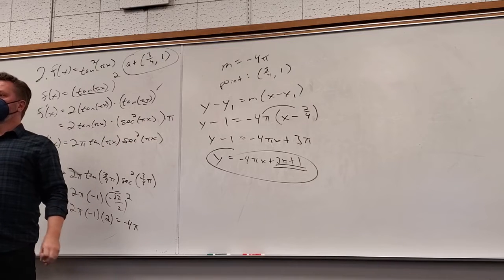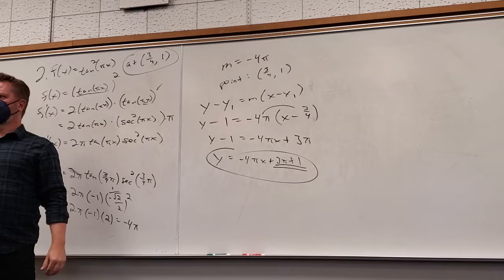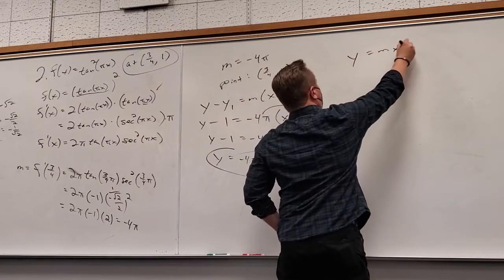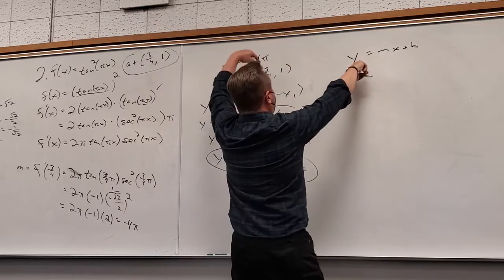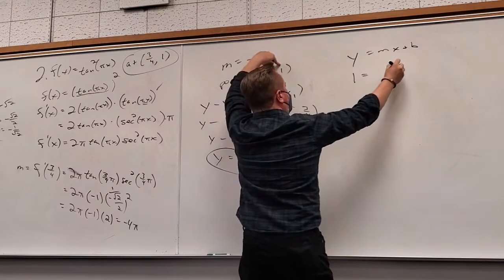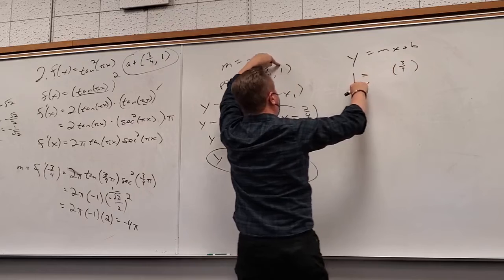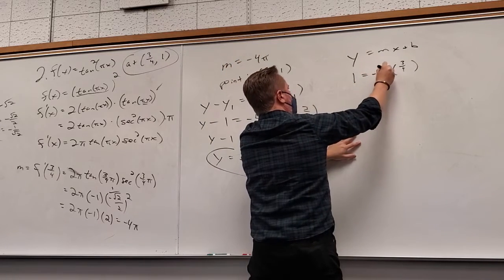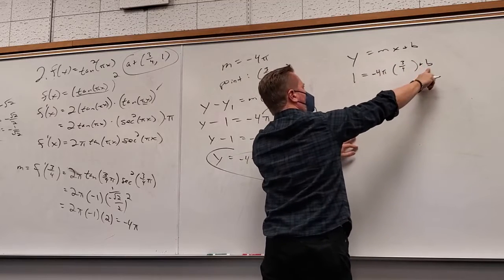Yes? Can you show us that same exact problem, but solving for b instead? Oh, yeah, so here's the idea. I know that when x is 3/4, y is 1, right? And I know the slope, so now I can solve for b.